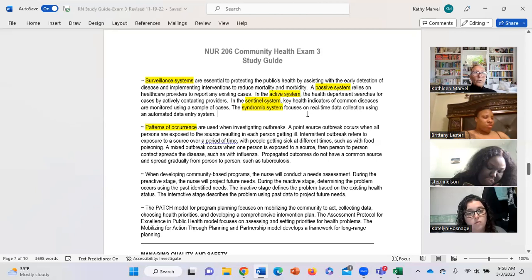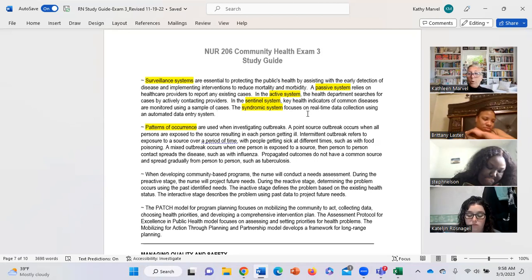So passive surveillance is us working in healthcare, reporting cases to the health department: doctor's office, hospital, reporting cases to the health department. Then once it becomes active, the health department then has to seek out if there are any other cases, say food poisoning. Right?